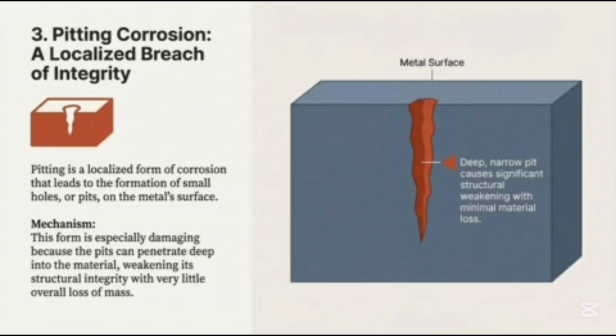The third type of corrosion is pitting corrosion. This type is known to be the most dangerous because it penetrates the material, thus leading to a significant weakness of the material's strength and durability.